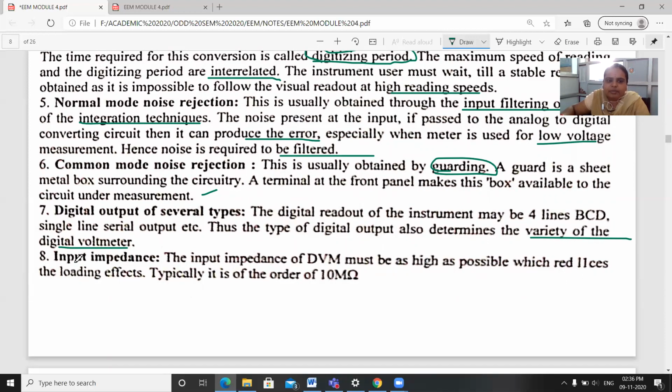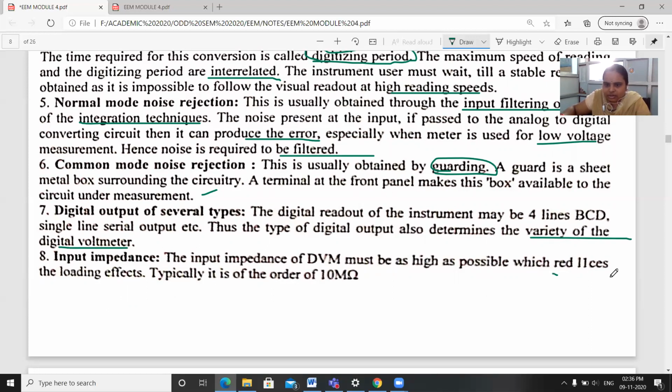And the last one is input impedance. The impedance should be high. In your amplifier, or any design you go for, the main intention is that the input impedance should be high. The input impedance of a DVM must be as high as possible, to avoid a loading effect.